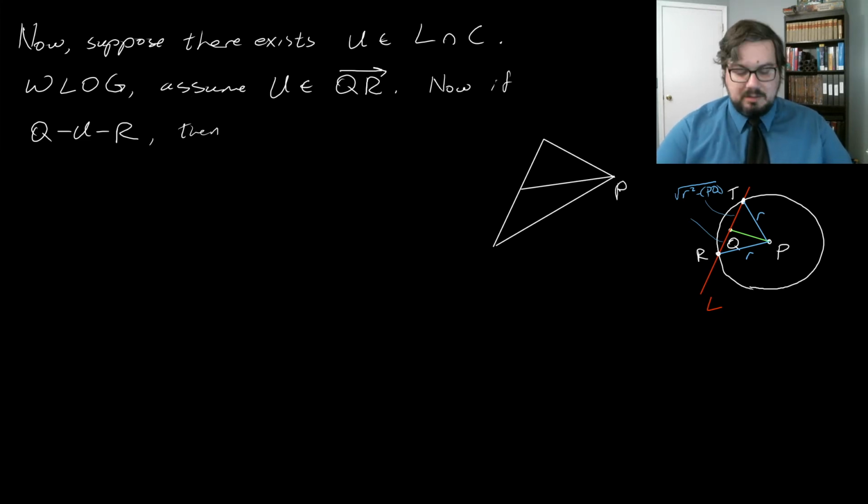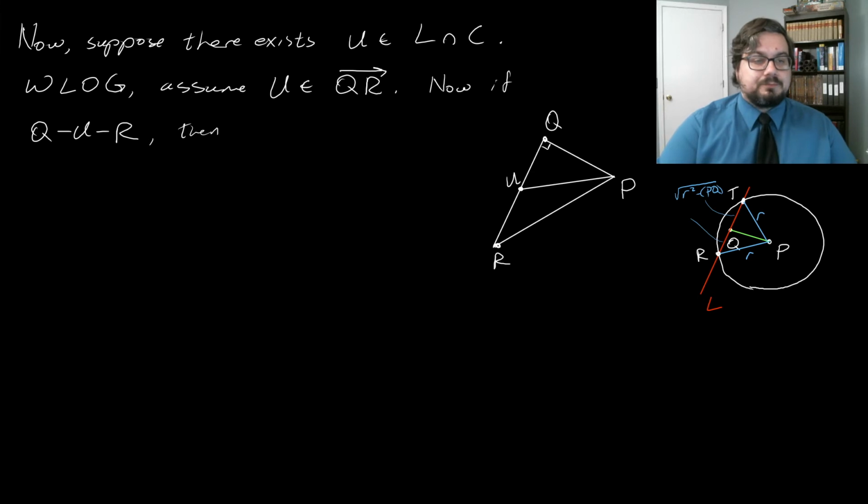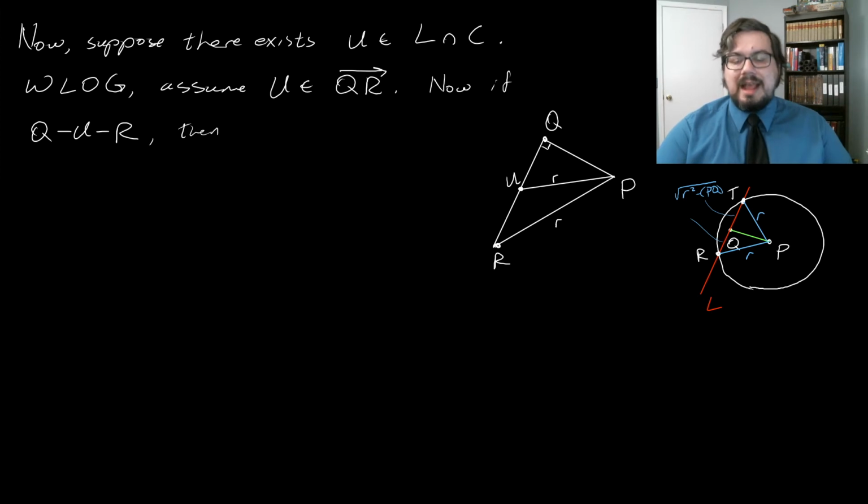We'd have the point P, we've got the point R, the point Q, remember this is a right angle, and the point U. Furthermore, we have that the distance from P to R is little r, and the distance from P to U is little r. Now this figure should allow us to come up with some sort of contradiction.